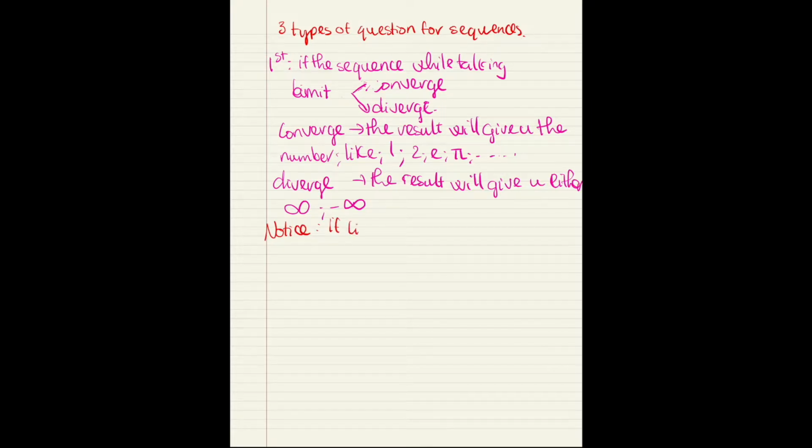If the limit as n goes to infinity of the sequence b n plus the limit as n goes to infinity of the sequence c n, where the limit of b n is positive infinity and the limit of c n is negative infinity, this doesn't mean that it equals 0.